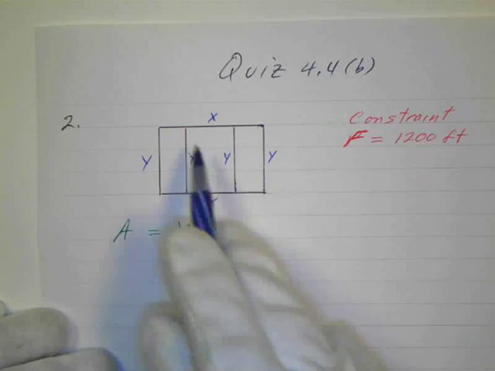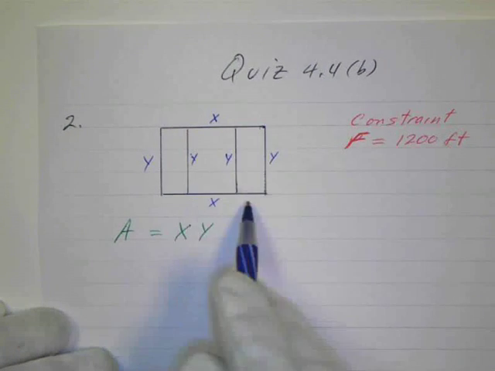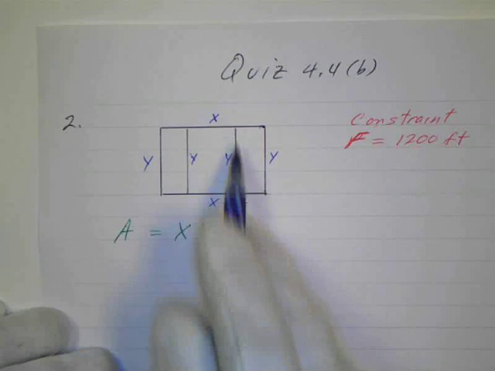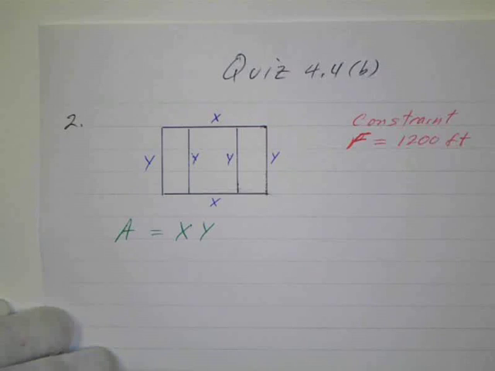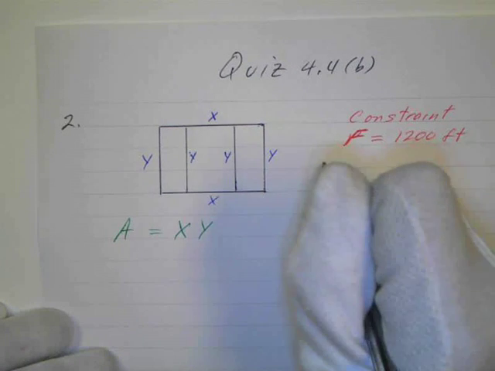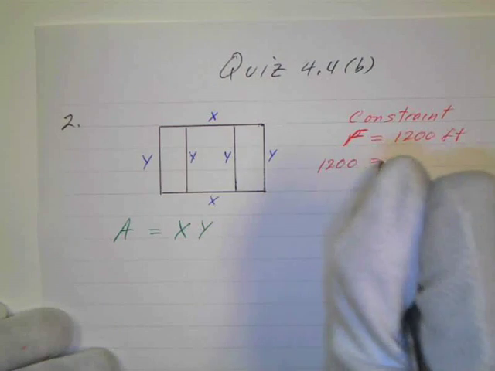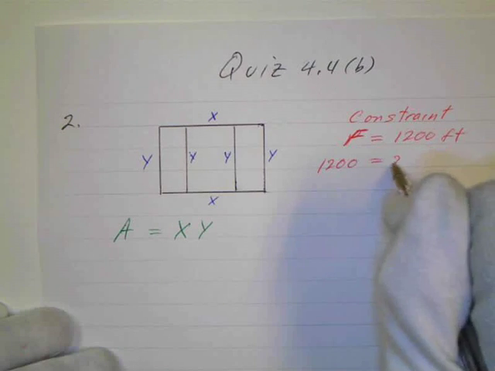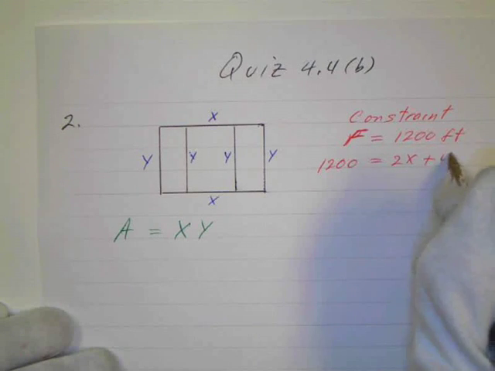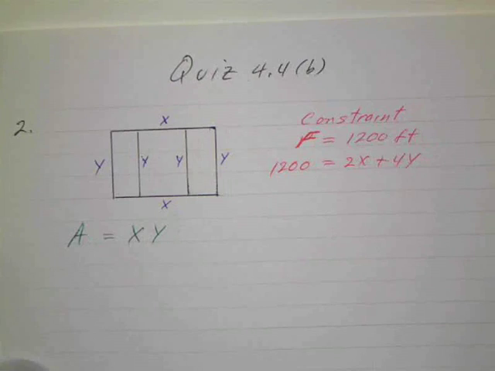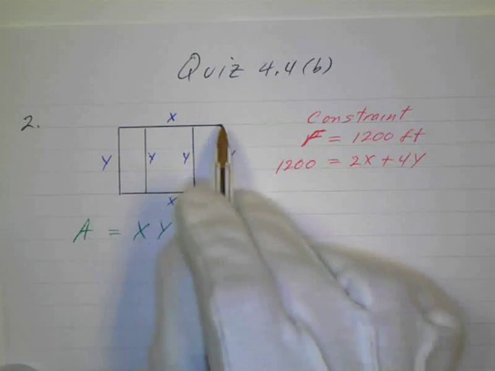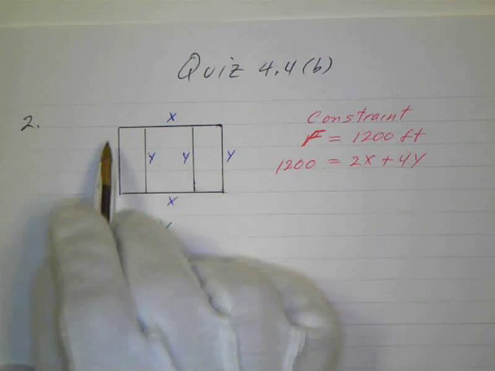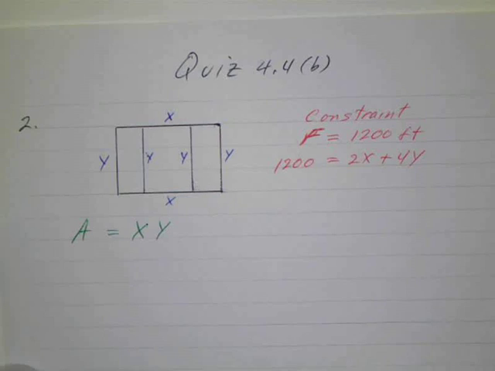So the fencing we're going to use will be X, X, Y, Y, Y, Y. So my 1,200 feet over here will have to equal 2x plus 4y. That's my constraint. That's my fencing. And you can kind of think of it like a perimeter because it's going around there, a more complex perimeter or whatever.